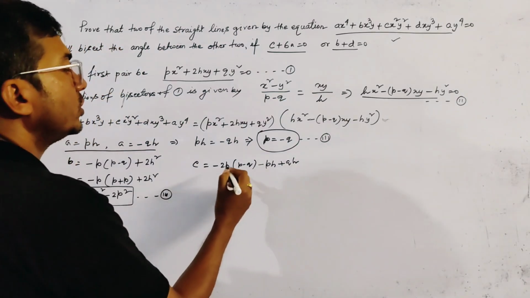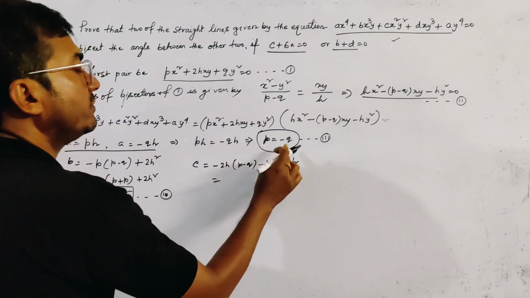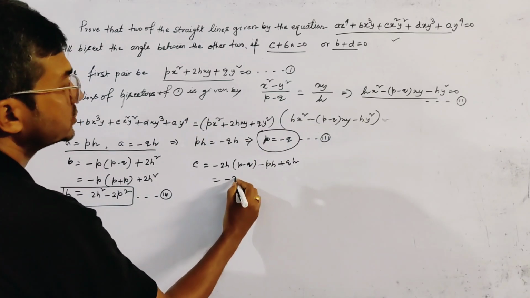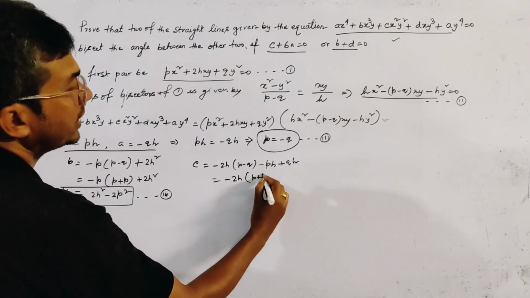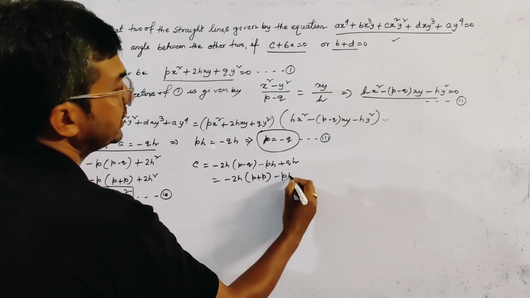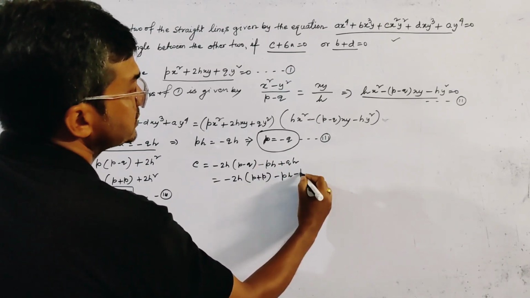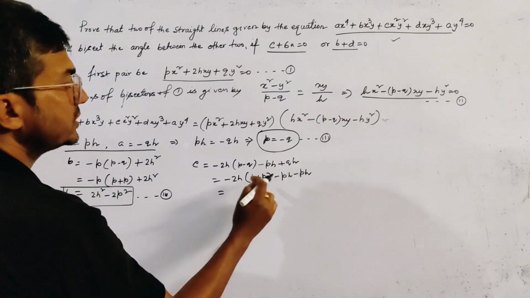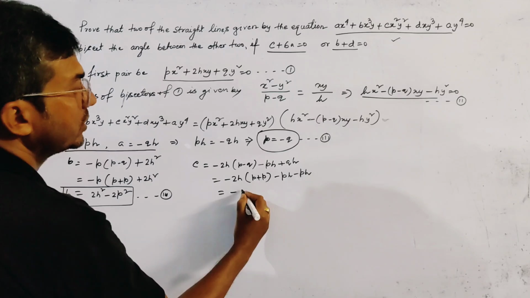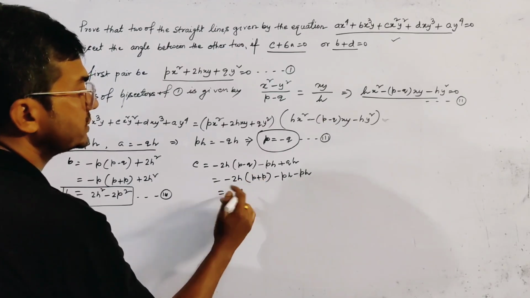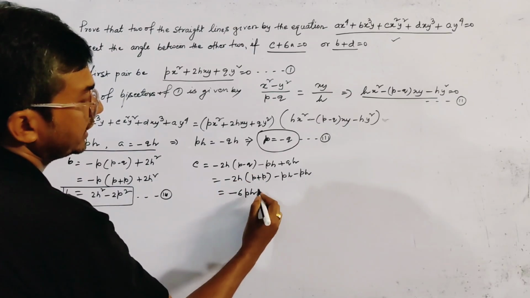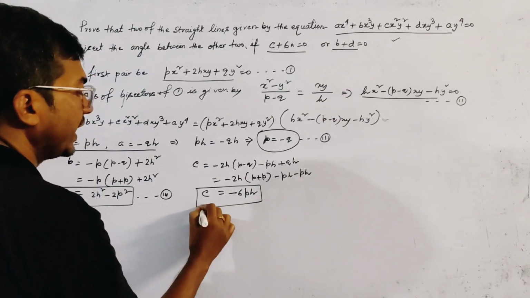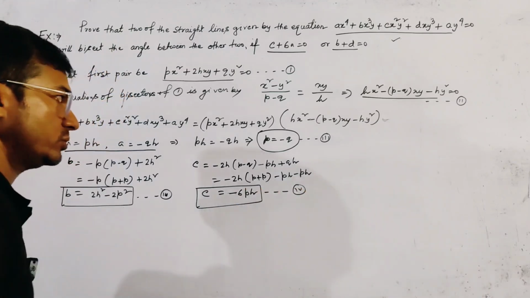By putting the value -q = p from relation number 3, we get -2h(p + p) - ph - ph, because this is plus q, and get the result 4 and -6, that is -6ph. This is given by c, and we name this relation as relation number 5.